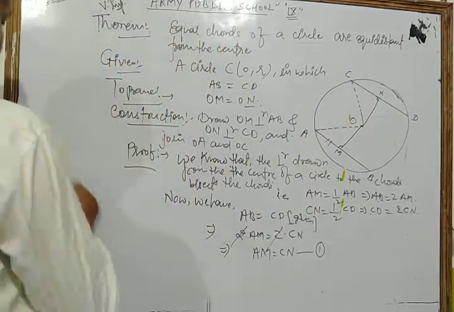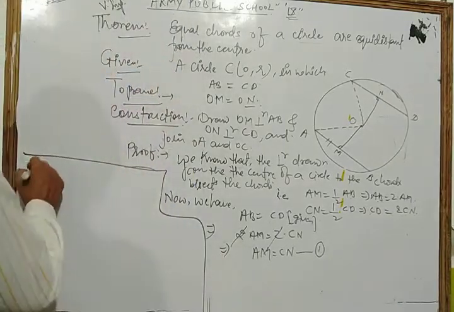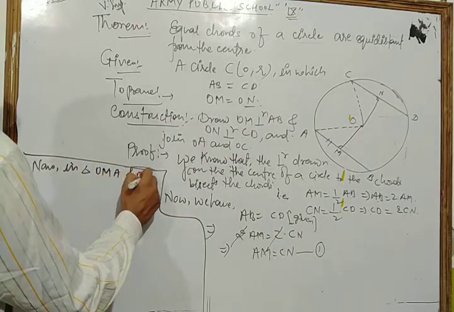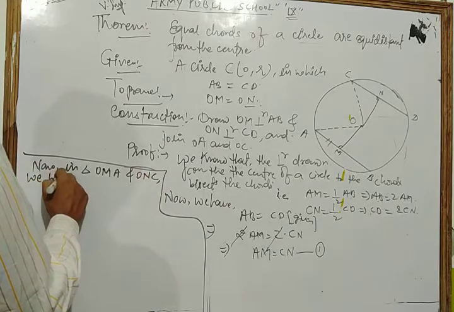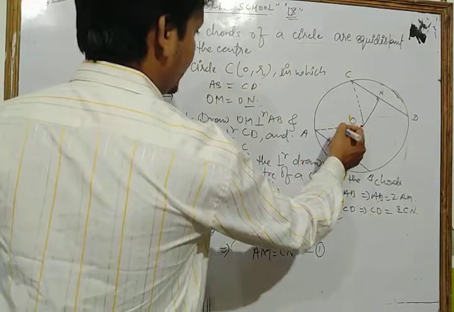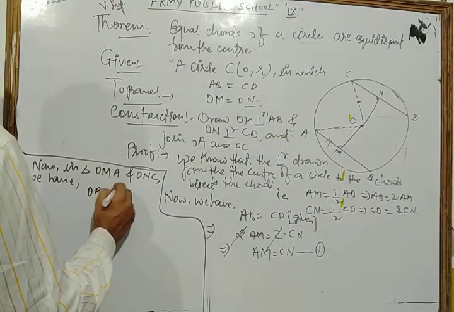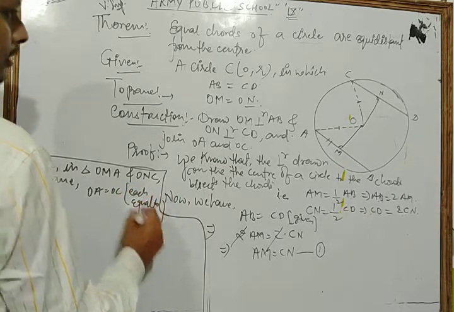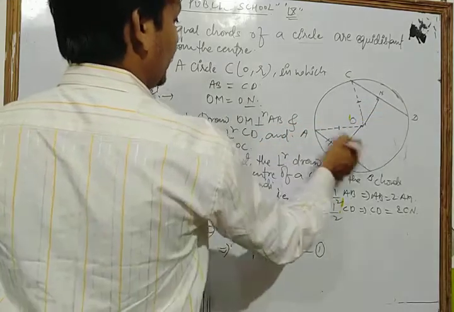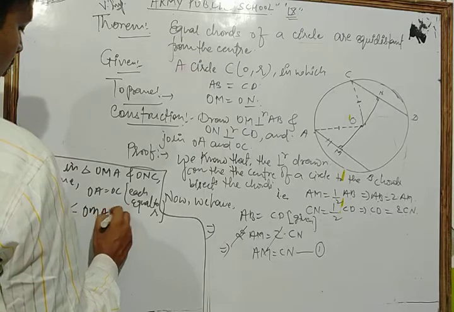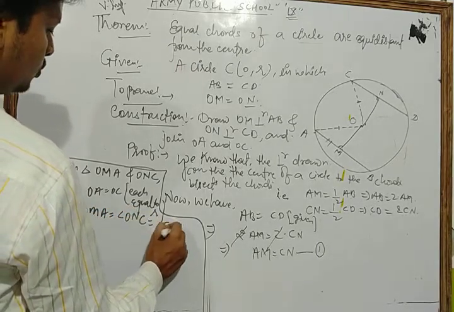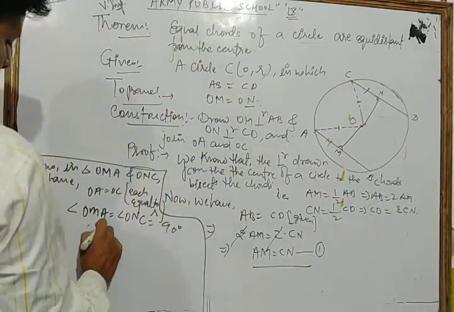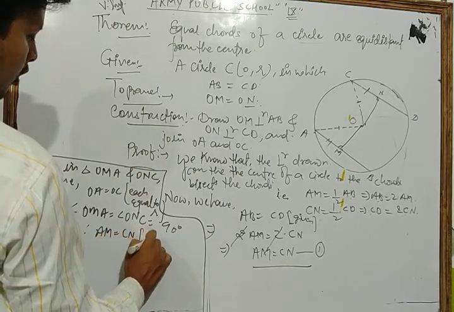In triangles OMA and ONC, we have OA is equal to OC, because each is equal to the radius R. Angle OMA is equal to angle ONC, each equal to 90 degrees, and AM is equal to CN, from equation 1.